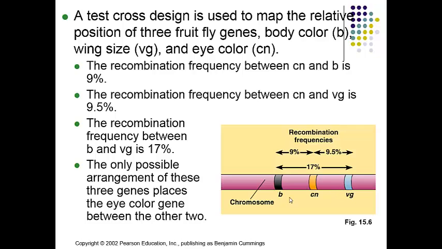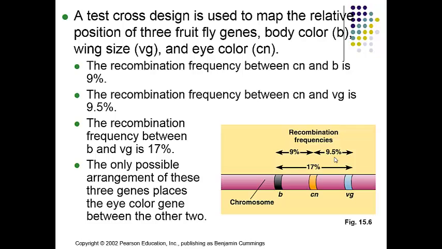For instance, here, if you're looking at these three genes, B, CN, and VG, whatever they are, it's not important, you see that between B and VG, we have a 17% recombination. Between B and CN, we have 9%. Between CN and VG, we have 9.5%.